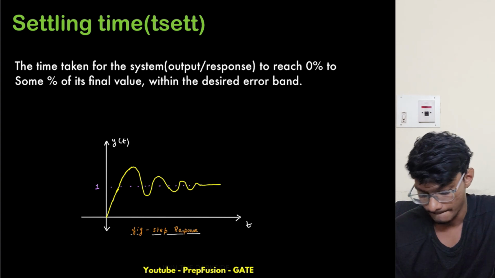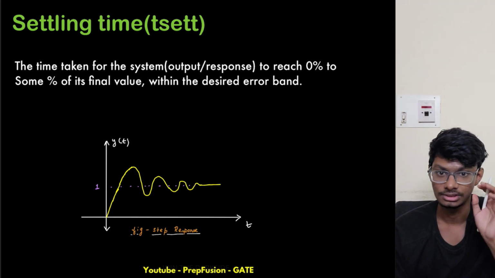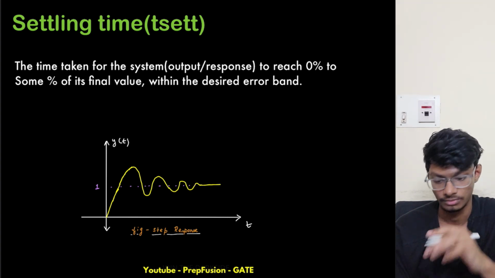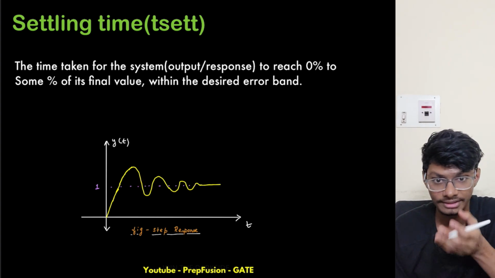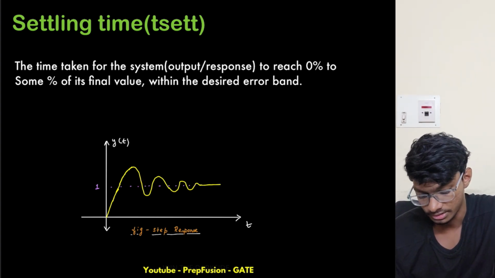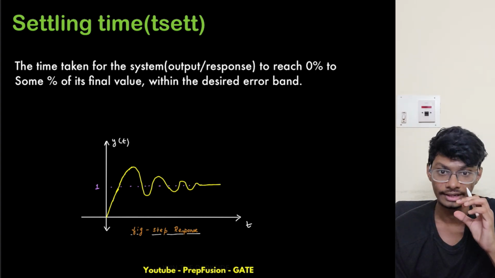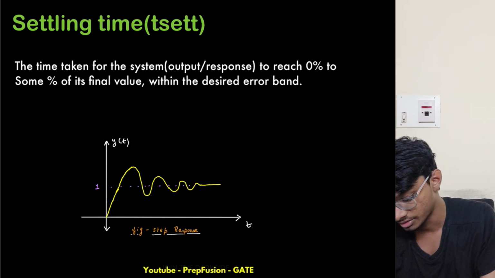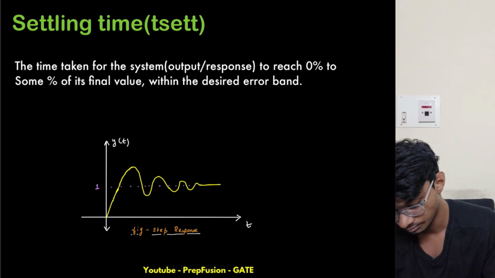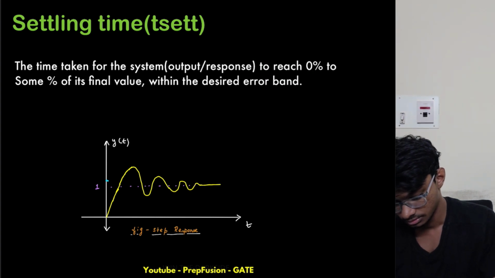That is an issue, because I may say that the time it reaches 98% of its steady state value. Here also it reaches 98% of its steady state value. Here also it reaches, right? But here it didn't settle. It settled somewhere around here. So how do we define it? We define it like my output response is lying within some error band.